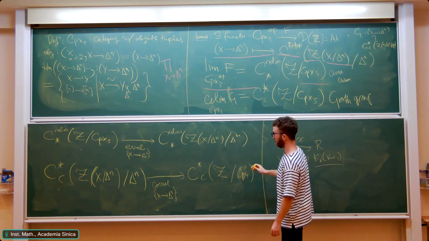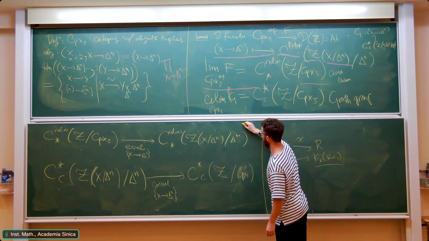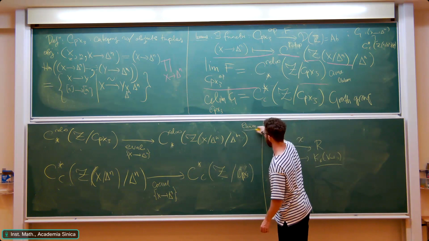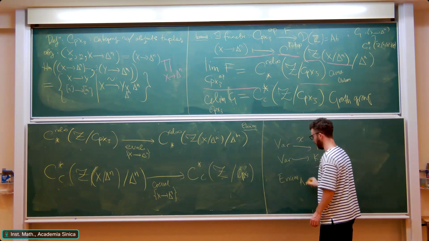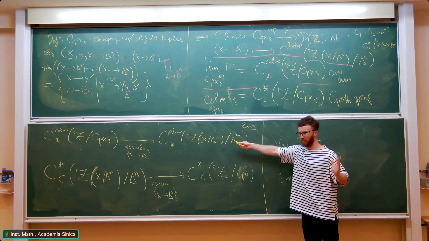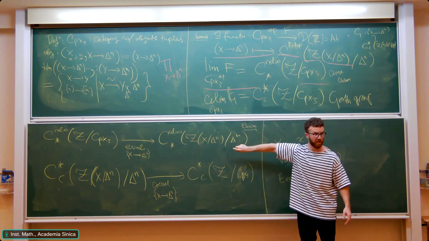Then you also have K valued curve enumeration theories, C valued curve enumeration theories.